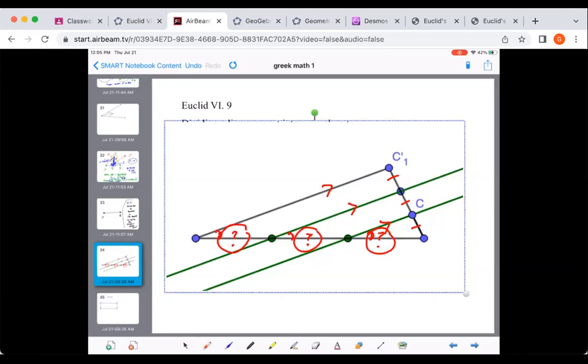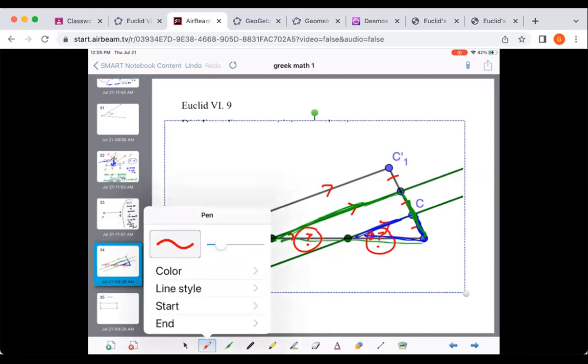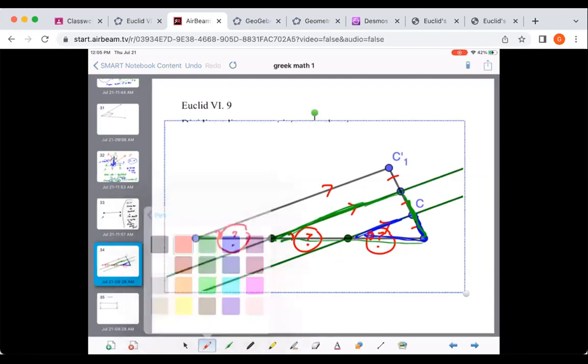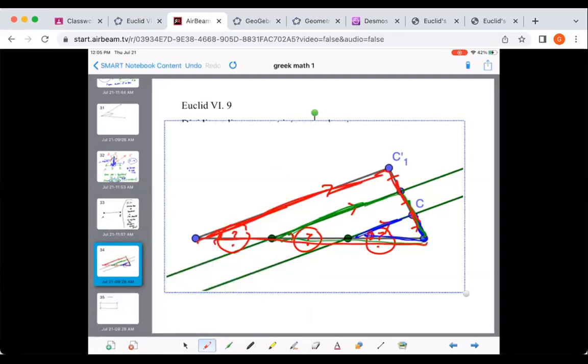There are 3 triangles in this picture. A small one, a medium one, and a large one. And when I put those triangles side by side, we would have, I'll say x, 2x, 3x.